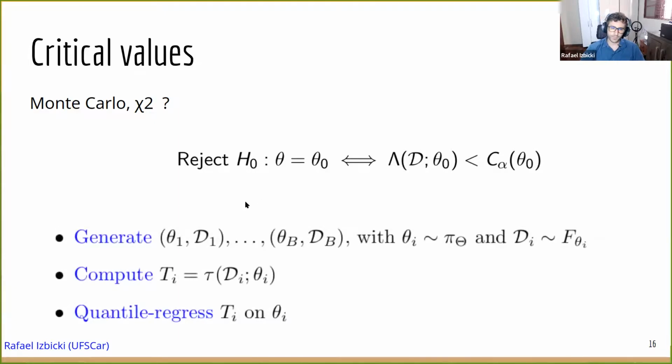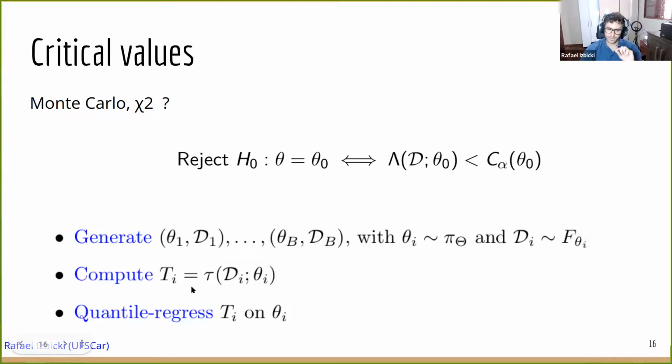First we are going to use the simulator again, okay? We are going to first generate from the simulator like we do in the ABC. So simulate theta from the reference distribution, and then simulate each data point from the forward simulator using that theta. So that's how we create this data set here. Then what we're going to do is to compute the test statistic for each pair.